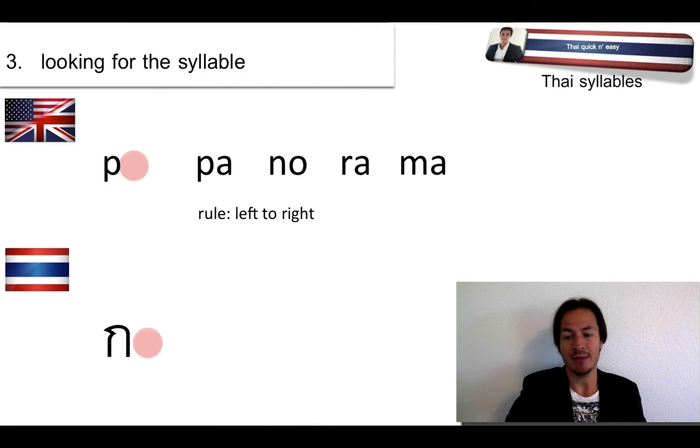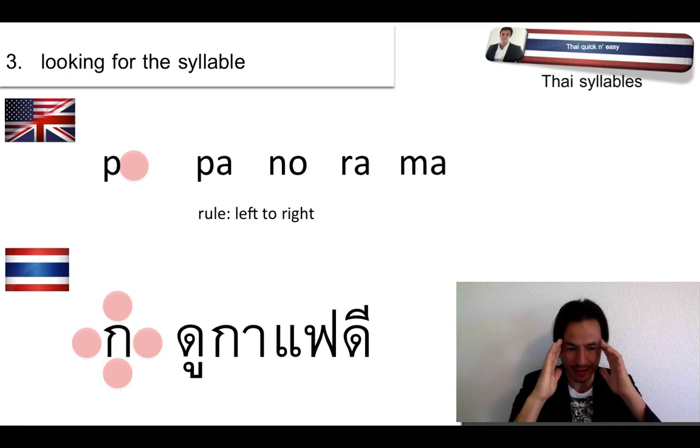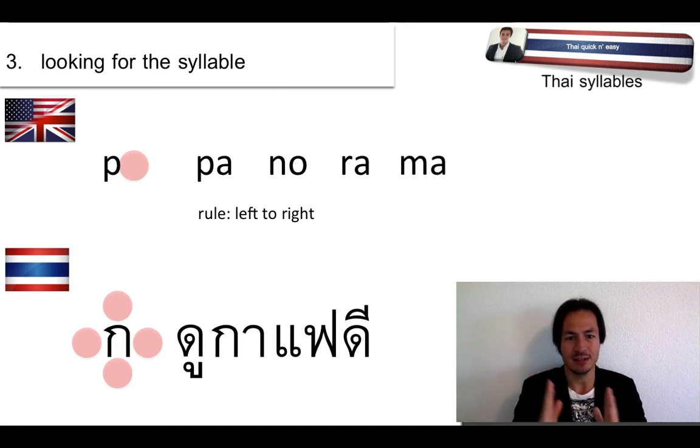This vowel can be on the right, it can be on top, it can be in front of the consonant or below the consonant, or even on several sides combined. Okay, so when we have a sentence in Thai, we look for the consonants, which usually appear in this main writing line, and then we look for the vowels belonging to the consonants. And therefore we have to mentally take apart the single syllables.